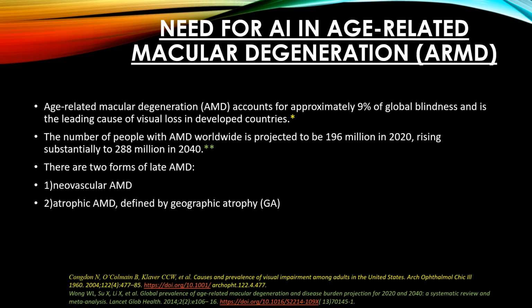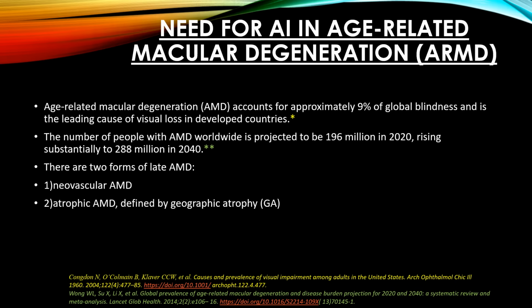Now coming to the need for AI in age-related macular degeneration. ARMD accounts for approximately 9% of global blindness and is the leading cause of visual loss in developed countries. The number of people with AMD worldwide is projected to be 196 million in 2020, rising substantially to 288 million in 2040.